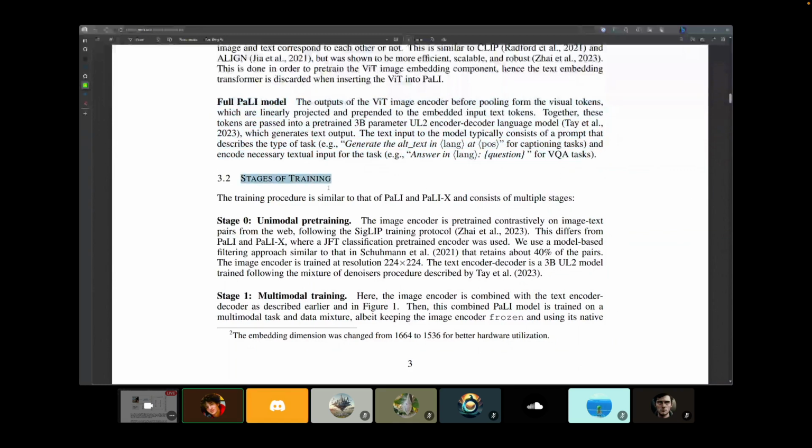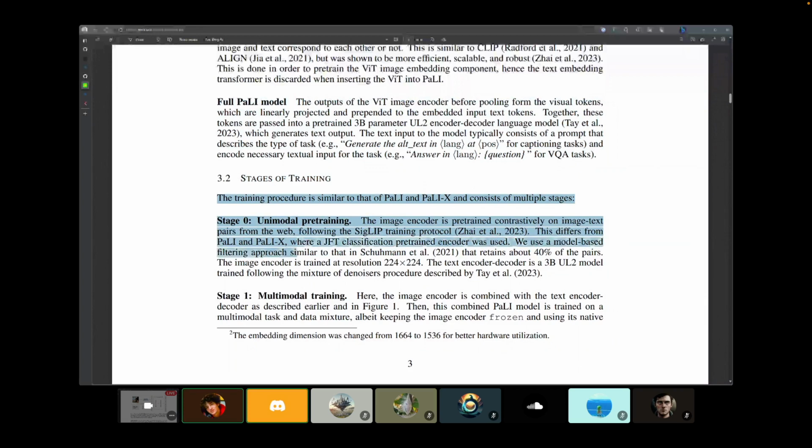Stages of training. The training procedure is similar to PaLI and PaLI-X and consists of multiple stages. Stage 0, unimodal pre-training. The image encoder is pre-trained contrastively on image-text pairs from the web, following the SigLIP training protocol. This differs from PaLI and PaLI-X, where the JFT classification pre-trained encoder was used.